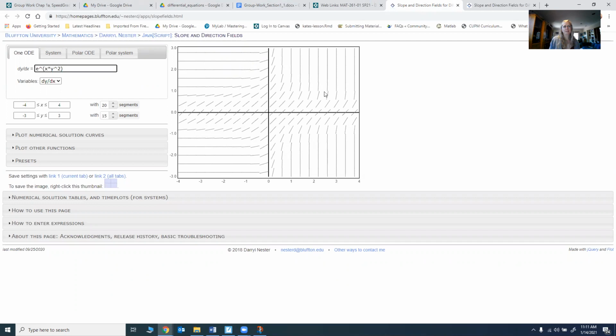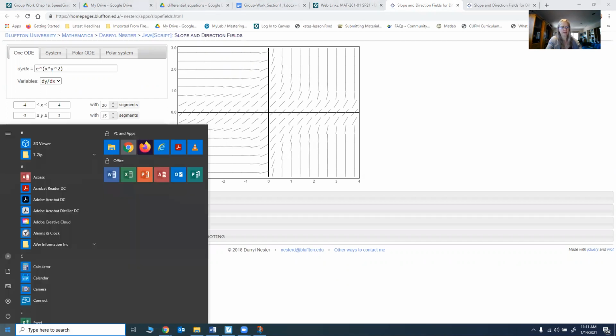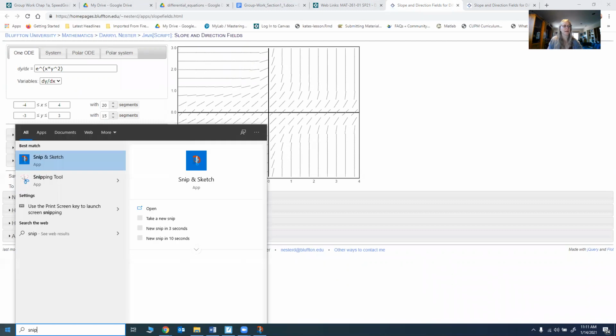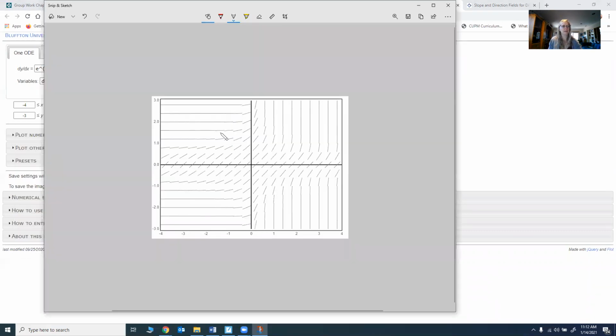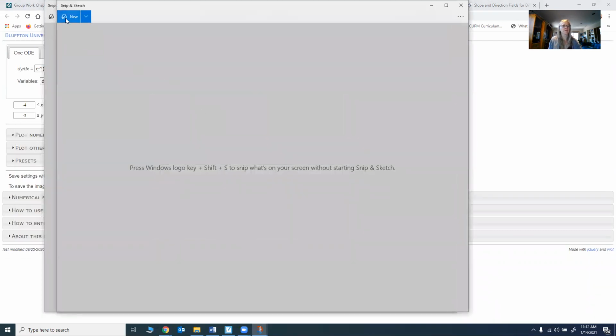So you can now see this is the same slope field we had before. It's just a little bit more detailed, more values are graphed. I'm going to go ahead and snip this so I can get a picture of it and put it where I'm working.